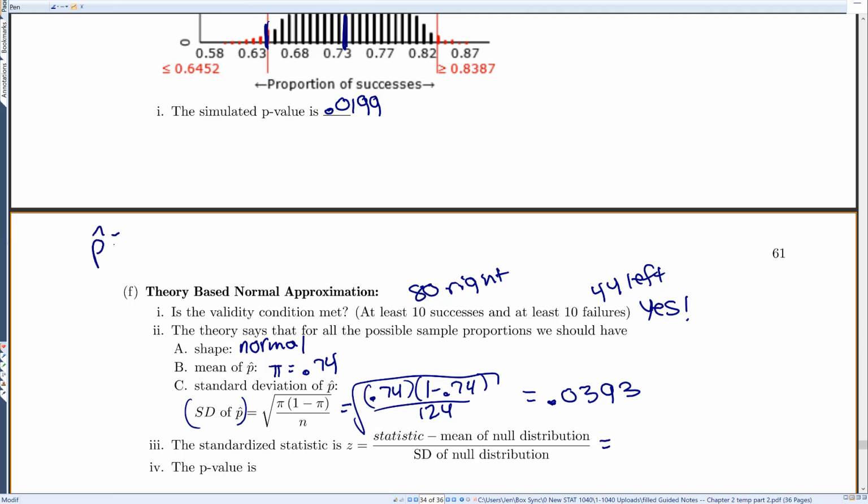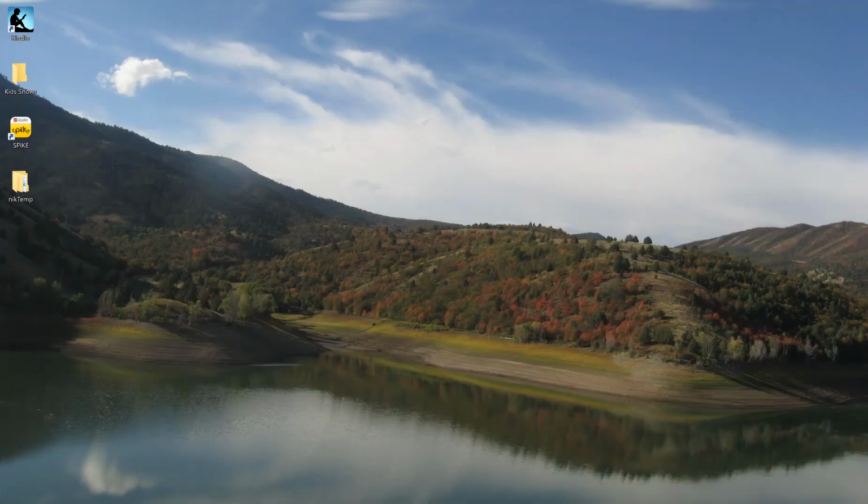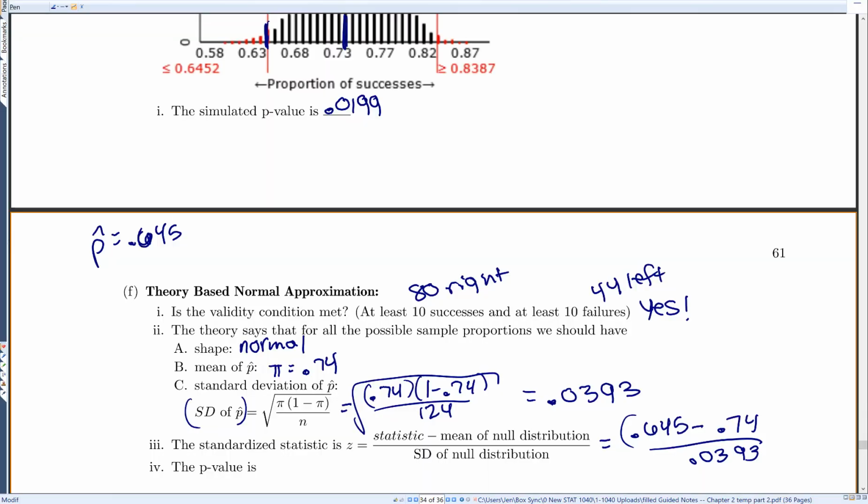Okay. Now, my standardized statistic is you put in your statistic, which is my sample proportion, and don't forget, p-hat equals 0.645. So my statistic is 0.645 minus my hypothesized mean of 0.74, divided by my SD of 0.0393. Don't forget to put parentheses around the top. Or put it in your calculator and then hit enter.